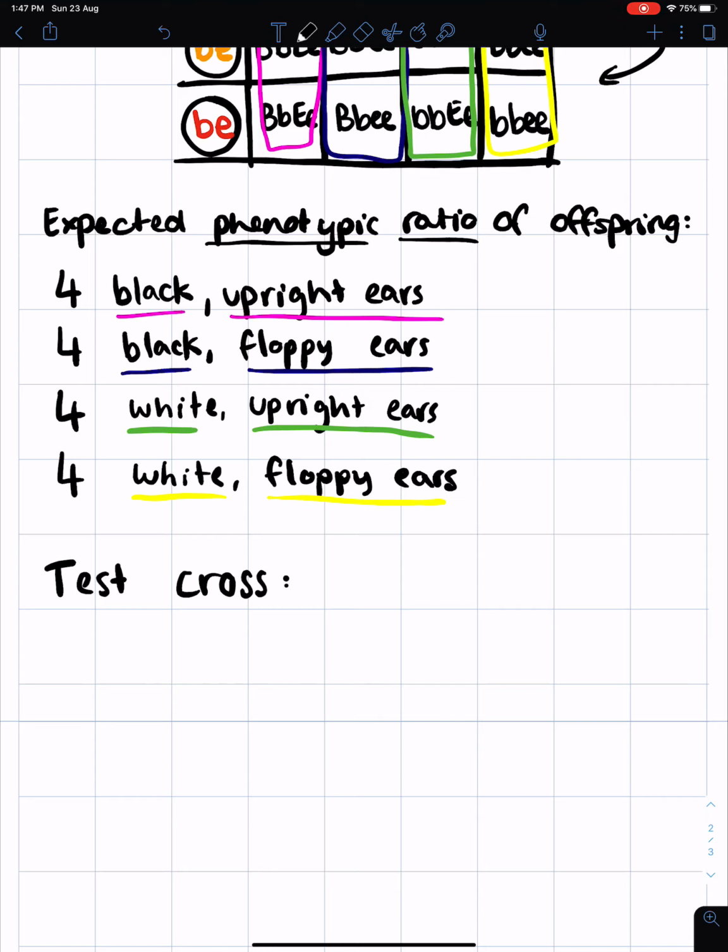This is something like: a rabbit breeder believes that one of his males is a purebred black, upright-eared individual. So he thinks that the genotype of one of his male rabbits is this. But he doesn't know for sure, because it could be this, couldn't it?